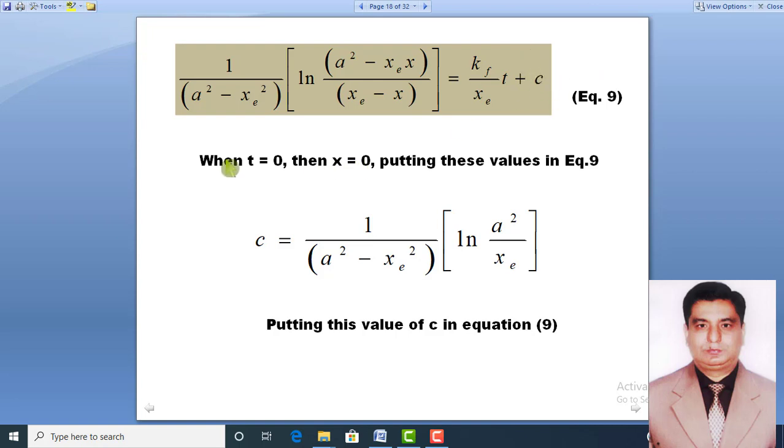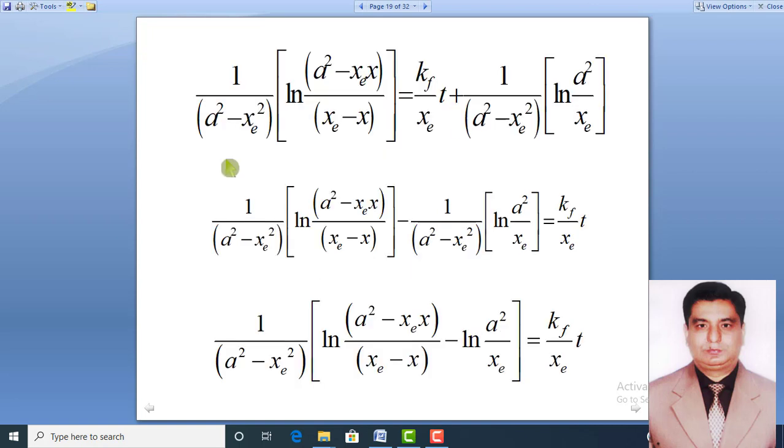The left hand side of this equation is the same, and the right hand side has been replaced with the value of c.